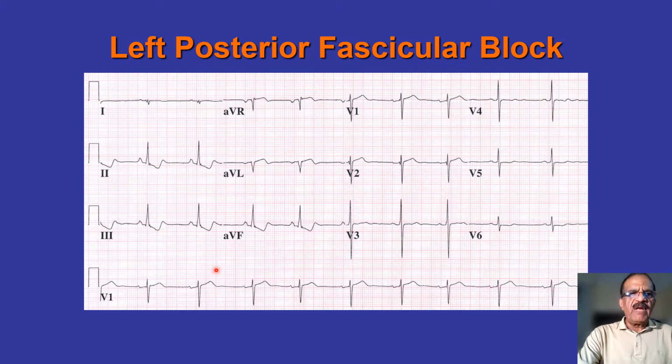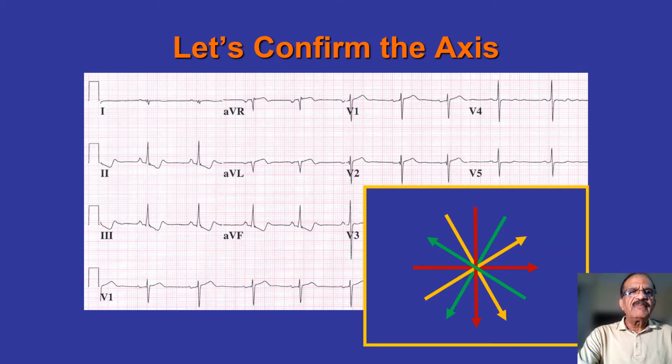Let's repeat our exercise. In limb lead 1, you have isoelectric. So this is limb lead 1, and isoelectric in 1 means that the lead which is just at right angle, that is AVF, the axes are along this one.